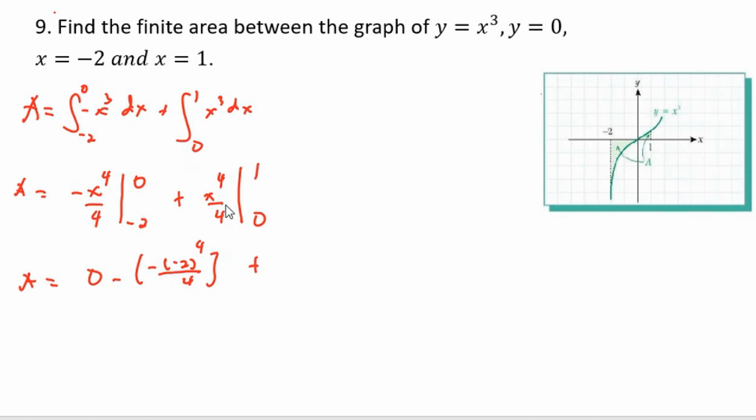So 1 to the fourth power is 1 over 4, it's now 1/4. And the lower limit is 0, so just 0 there. Now, by simplifying that, it will give you the answer of 17 over 4.